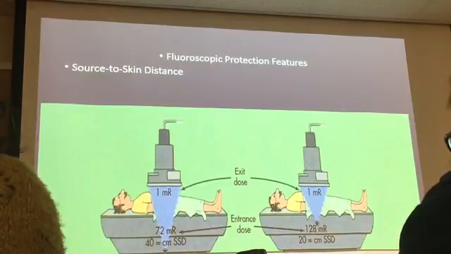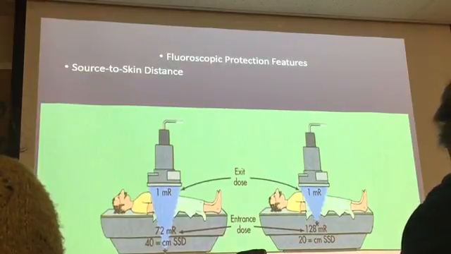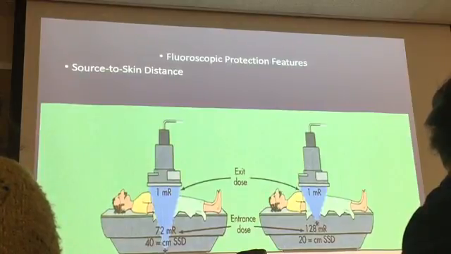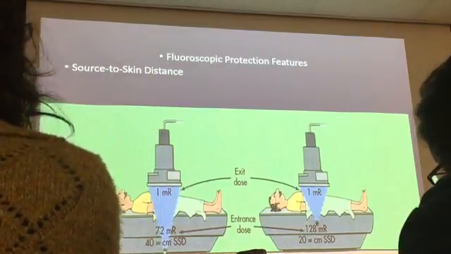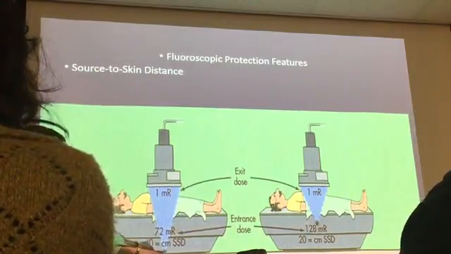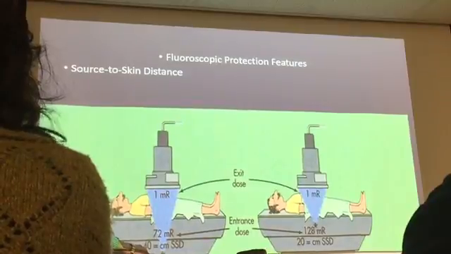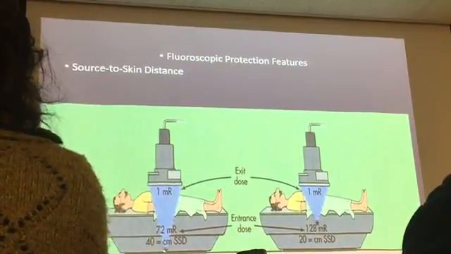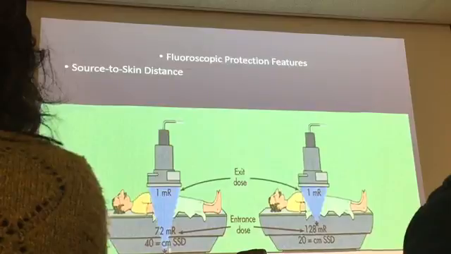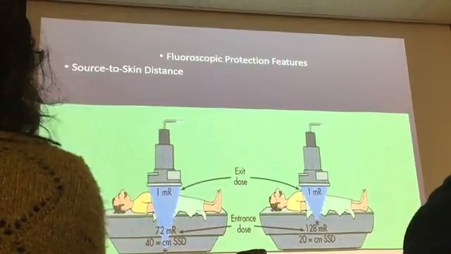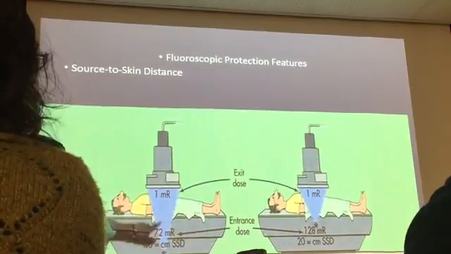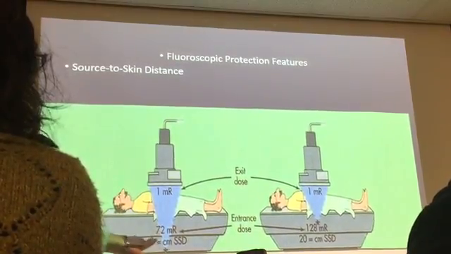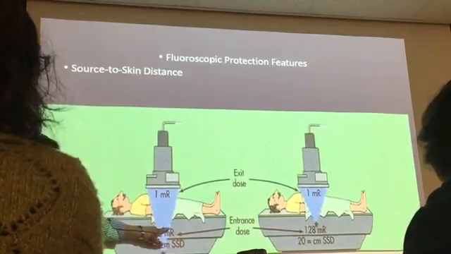Now, the source to skin distance is very important in fluoro. Just to give you an example of how it changes: this is where the X-ray tube is found, see this little star? This is the point source, and this is the source to skin distance. They are measuring from here to tabletop. From here to here, 40 inches, the patient is getting approximately 72 milliroentgen.